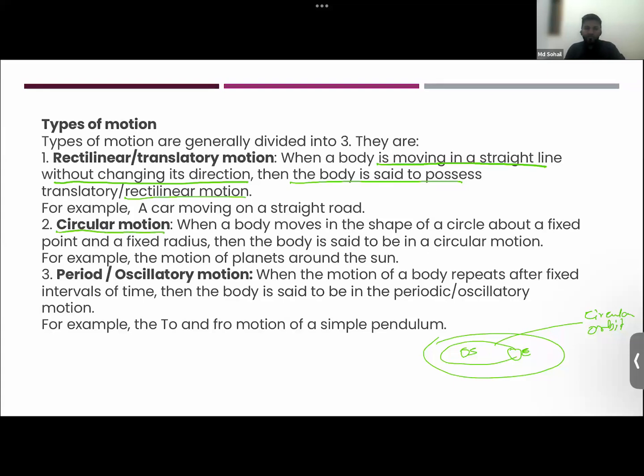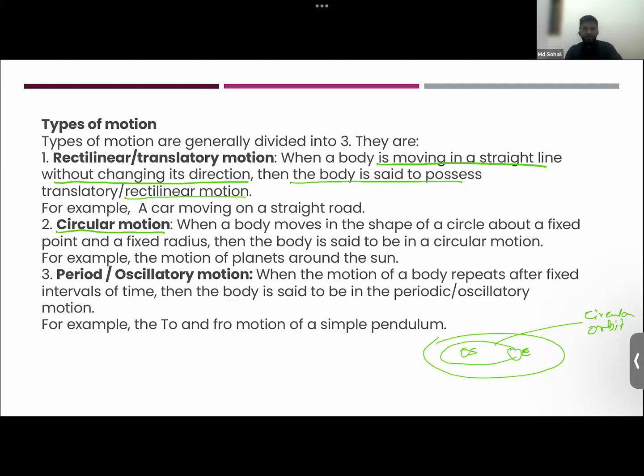Now you have periodic motion. What is periodic motion? When an object comes back to its place in a fixed period of time, that can be considered periodic motion.